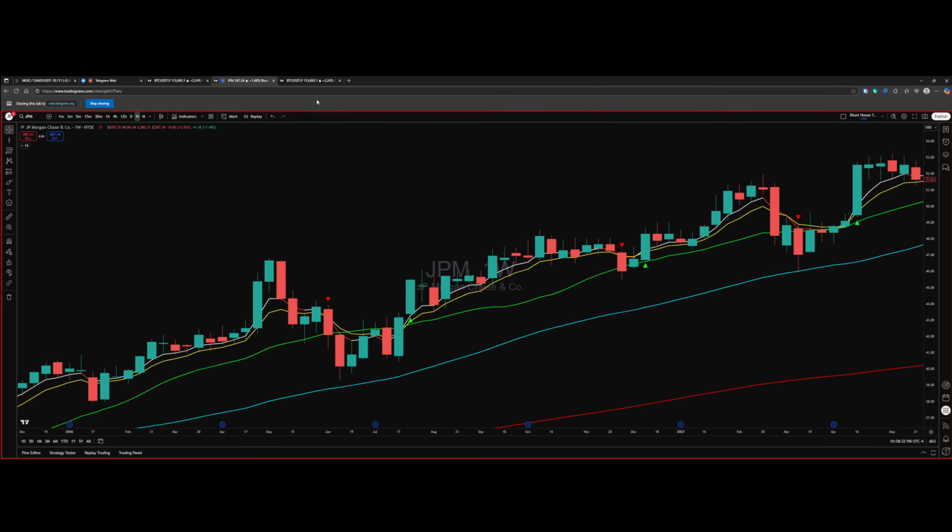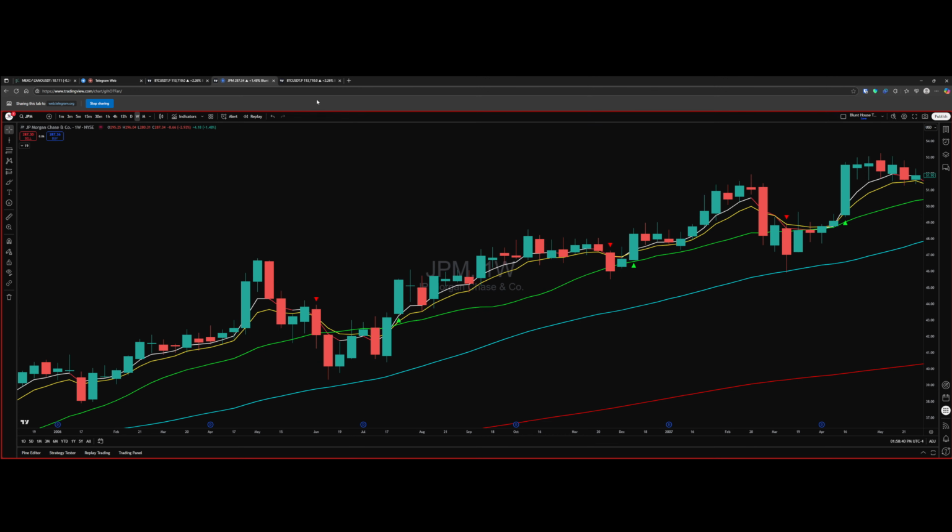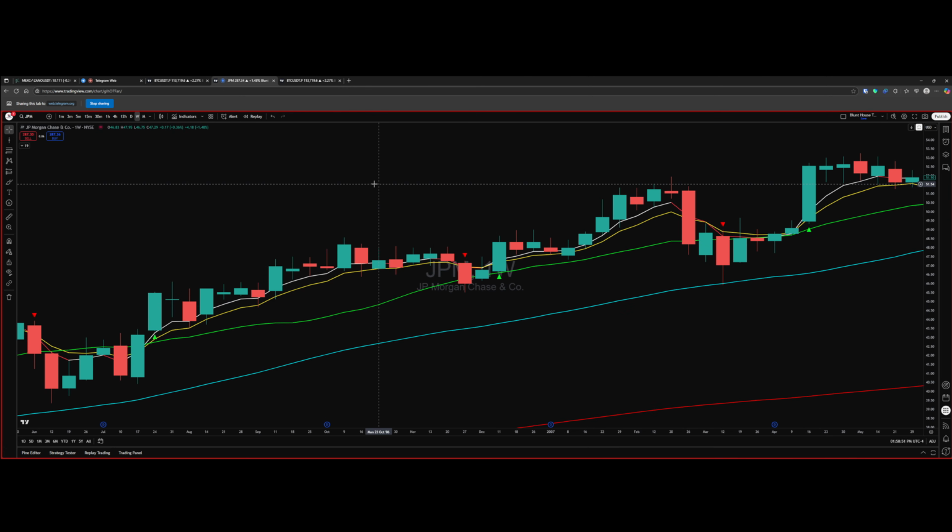We start to see some change in color. Our 5 EMA is picking up a little bit of selling pressure. We start to see the red candles. We're starting to notice that distance between the 5 and the T line is narrowing, and now instead of pointing up, what's it doing? It's pointing down.